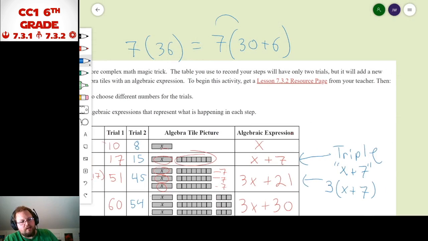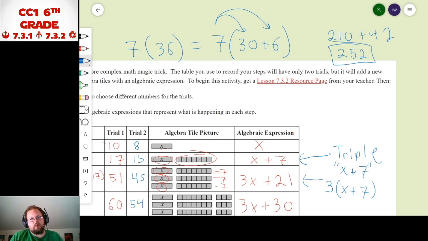Because 7 times 30 is 210. And then 7 times 6 is 42. And when you add those together, you get 252. And it was honestly a little bit easier to do it that way than it is to multiply 7 times 36 here. Unless obviously you have a calculator or Photomath, whatever you're using.